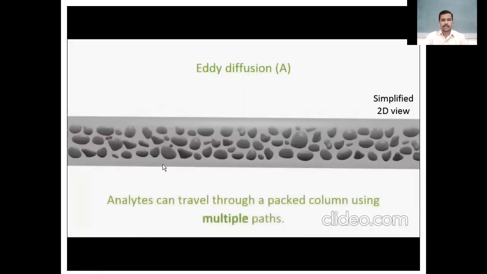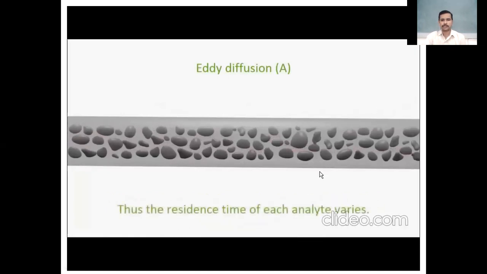So you can see more clearly here, step by step. So once the sample is introduced, solute molecule will start to move through the chromatographic column. You can see there are three different kinds of solute.